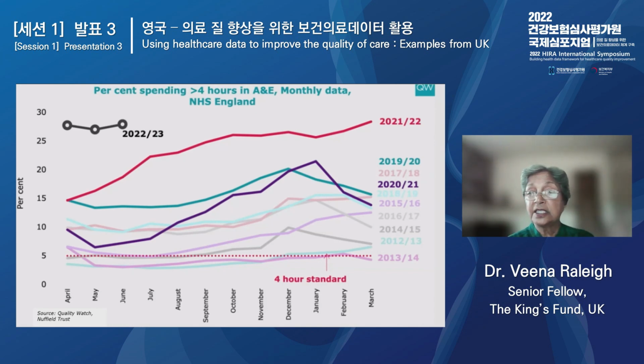And you can see that in 2021-22, as a result of the pandemic, and this year, 2022-23, waiting times in emergency departments have really gone up a lot compared with previous years, and they're continuing to go up.